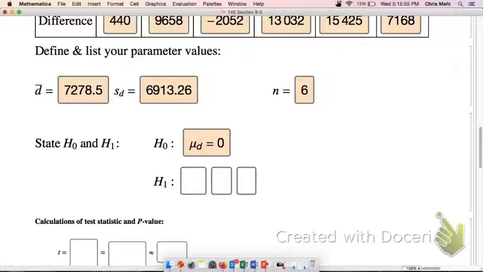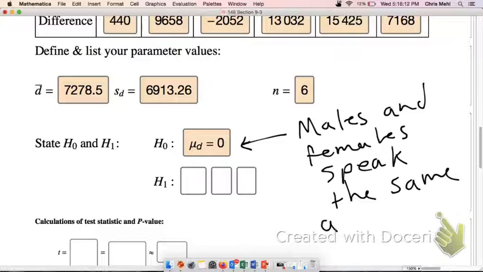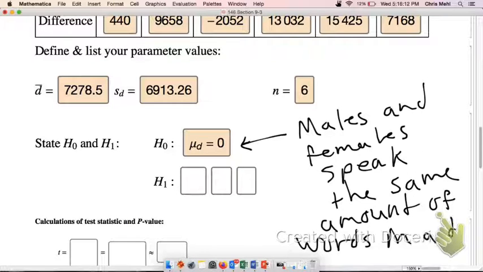The null hypothesis is saying that the mean of all the differences in the population of all couples is equal to 0. So that's the statement that males and females among couples speak the same amount of words in a day.